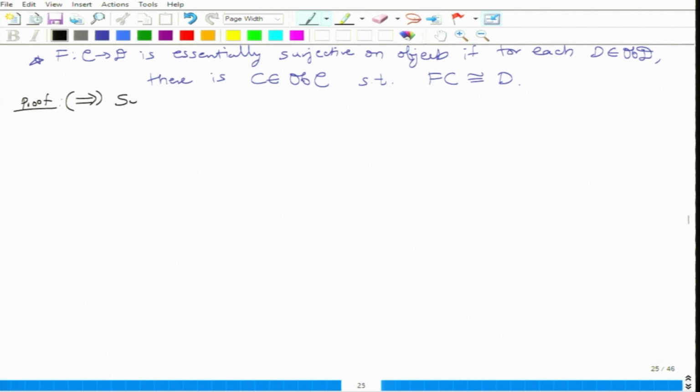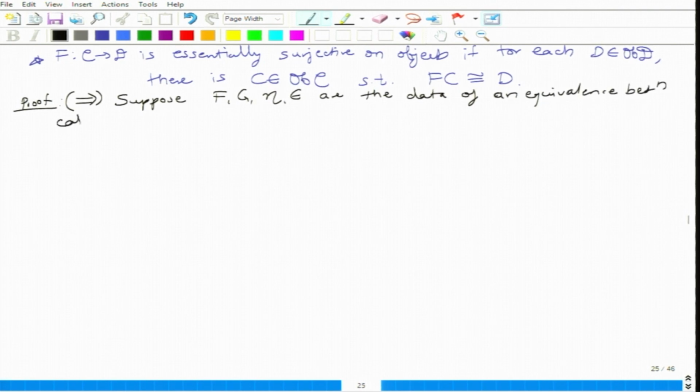Suppose F, G, eta, epsilon are the data of an equivalence between C and D. Suppose this data is given. Now we have to show that the functor F is fully faithful and essentially surjective.